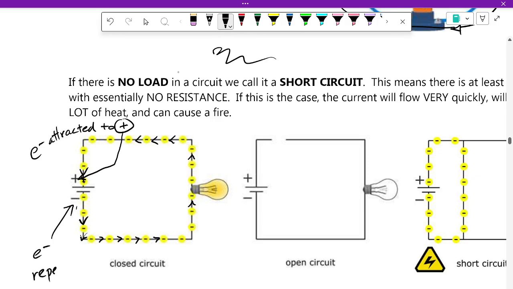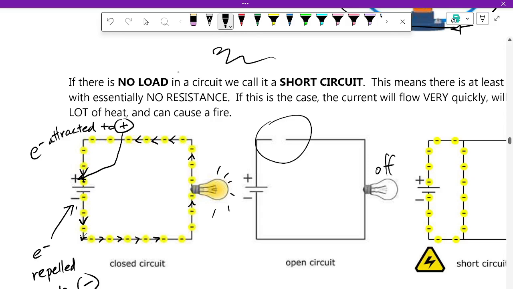So we have a closed circuit, light bulb's on. We have an open circuit, light bulb's off.